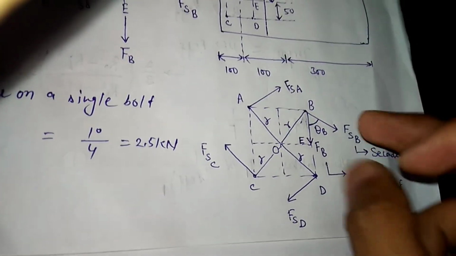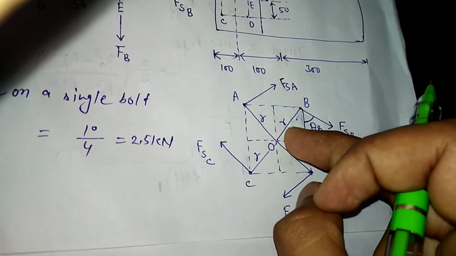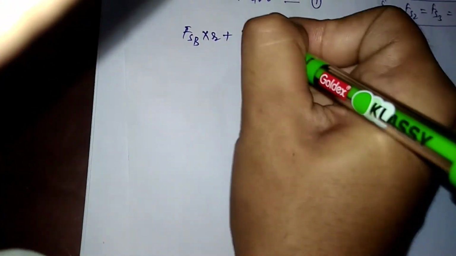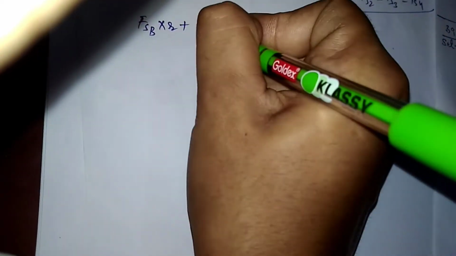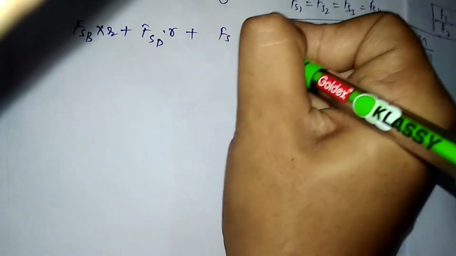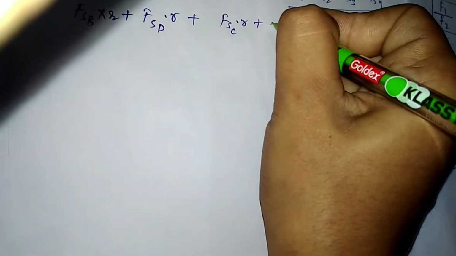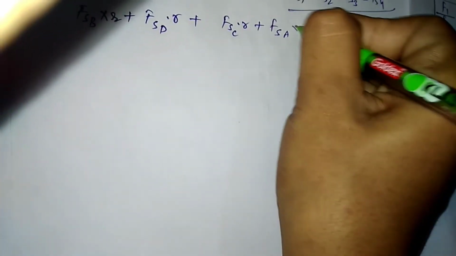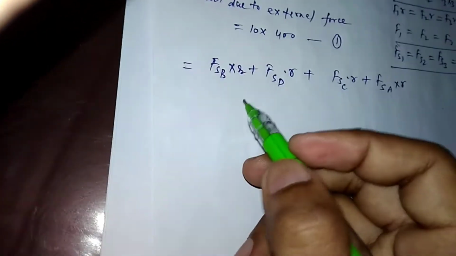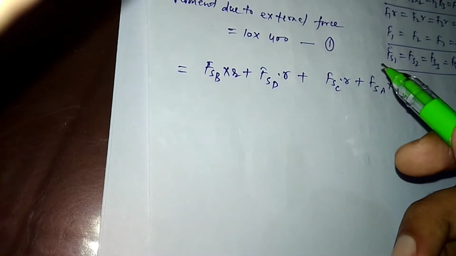So moment due to FSB will be equal to FSB into perpendicular distance, which is R. So FSB into R plus FSD into R plus similarly FSC into R plus FSA into R. So this is the moment due to all the secondary forces.